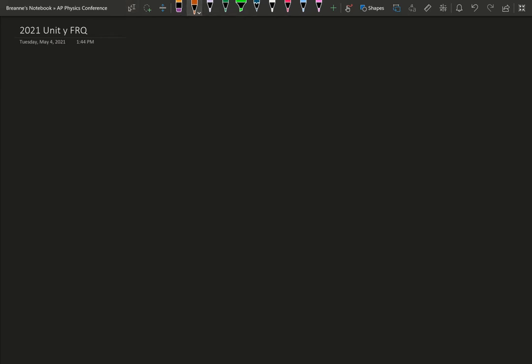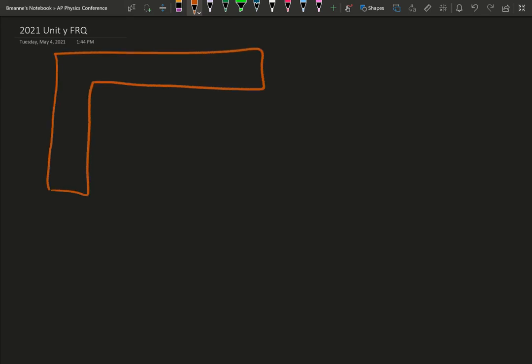So we have something going on here. That's a theta. We have a hook with a line, a hook with a line, a hook with a line, that says A, B, C. This is labeled as pivot.